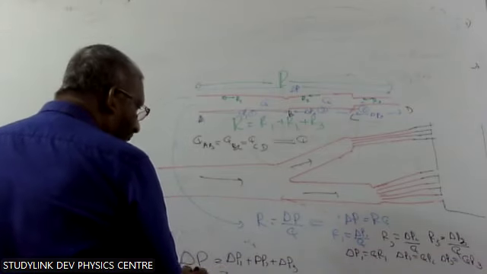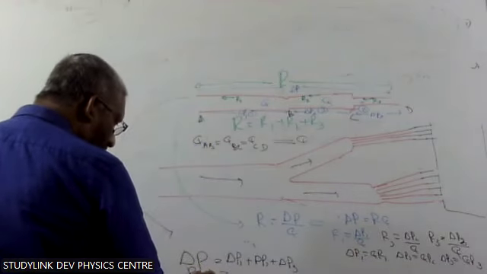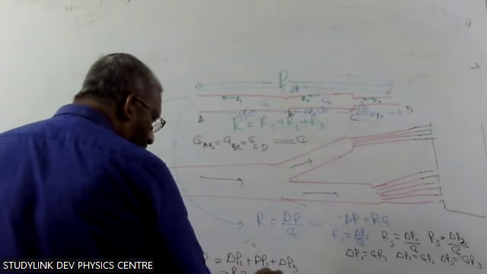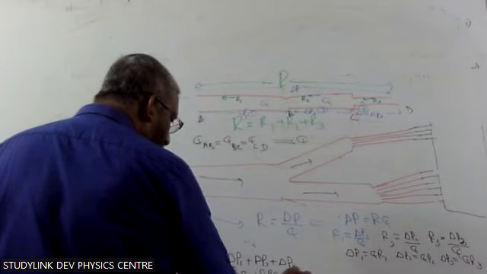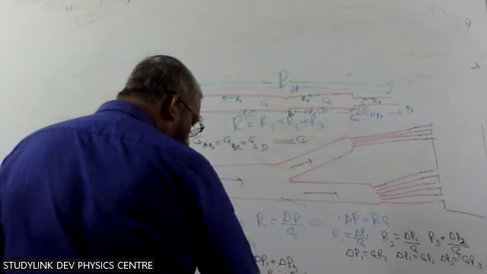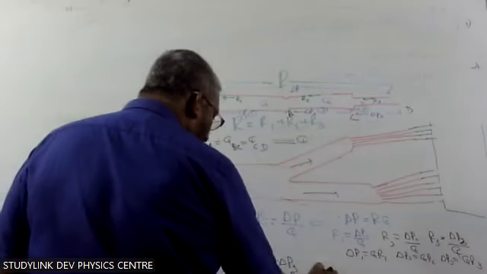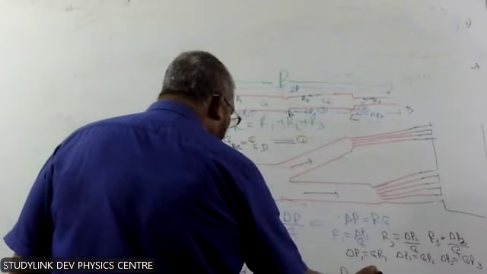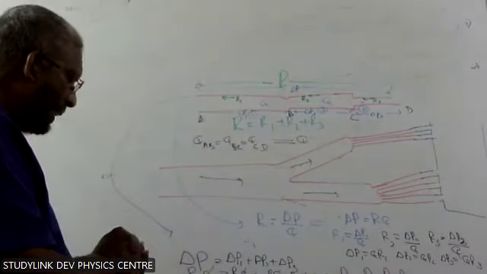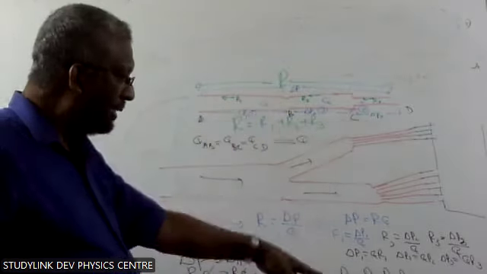Delta P is equal to Q R1 plus Q R2 plus Q R3. Q cancels off. Then you get R is equal to R1 plus R2 plus R3. It is just like in current electricity, equivalent resistance in series. Those are together to get the whole thing.